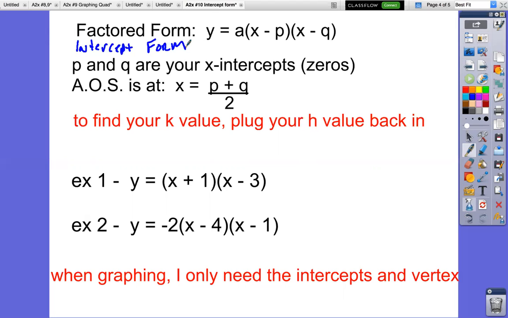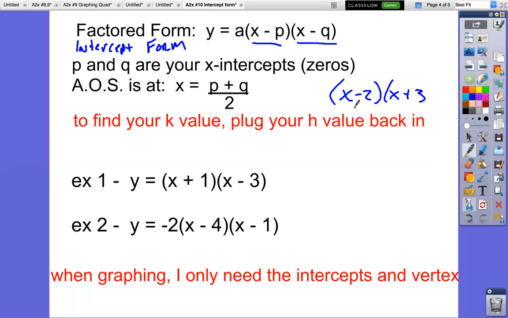I need you to understand P and Q are our x-intercepts. So again, before we do any of this, if I have this, can anybody tell me what are my x-intercepts? -2 and 3. Close, but look at the signs.